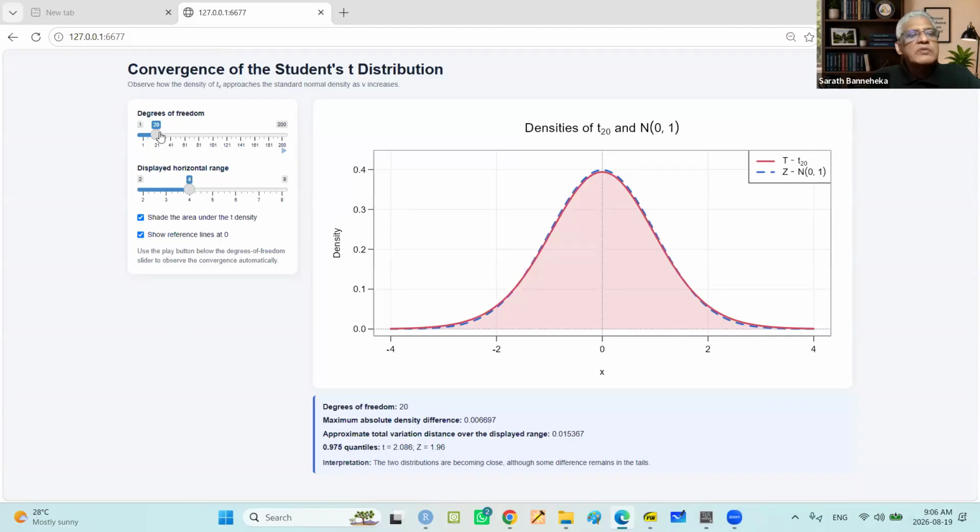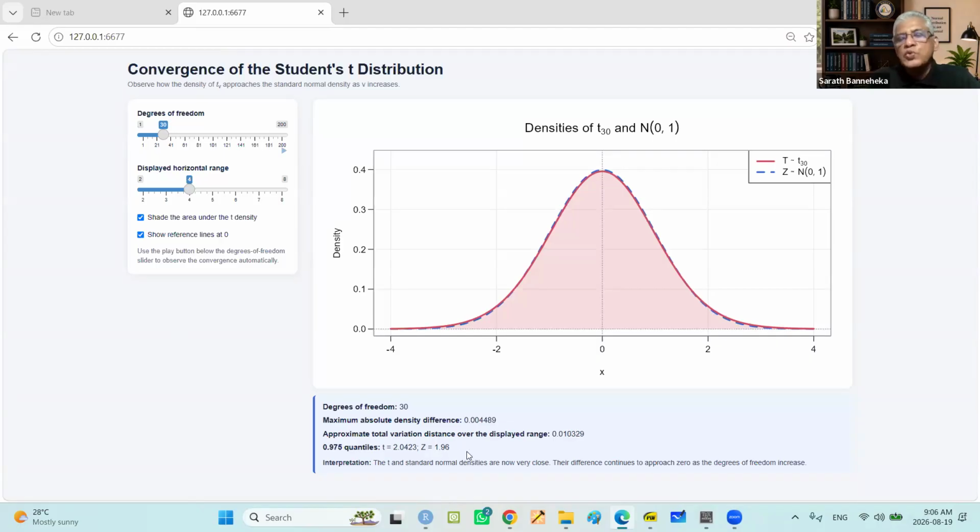But if you increase the degrees of freedom further, for example to 30, I now have the T30 distribution and the standard normal. The 0.975 quantile of the T distribution is 2, and the Z quantile is 1.96.